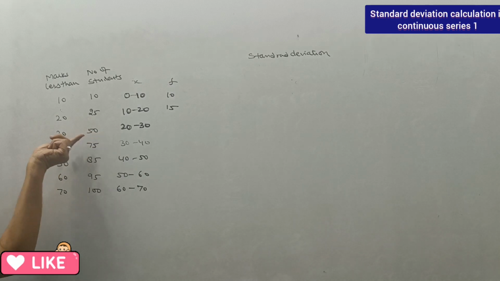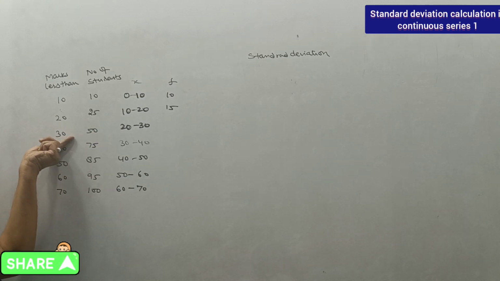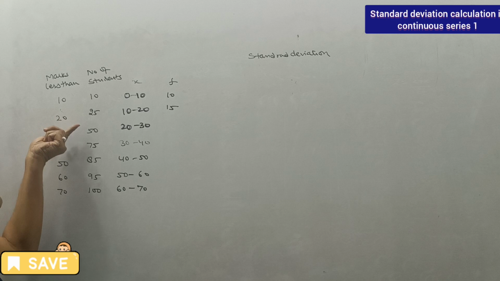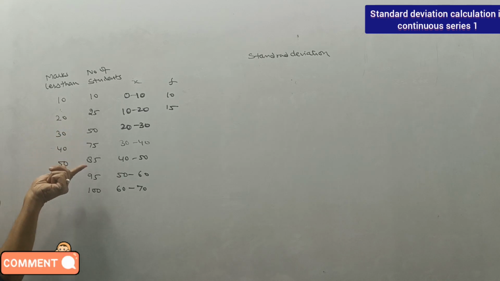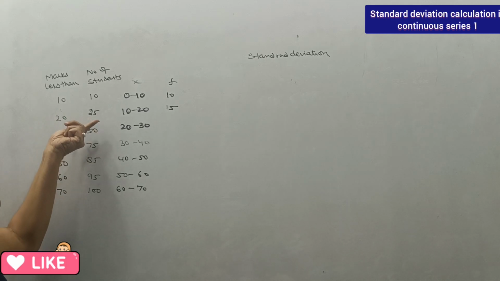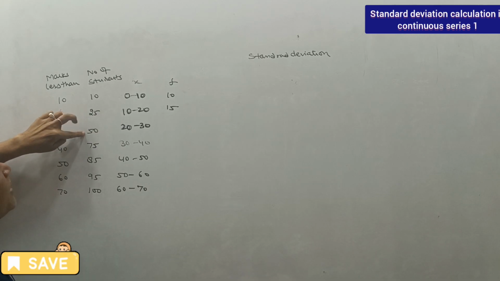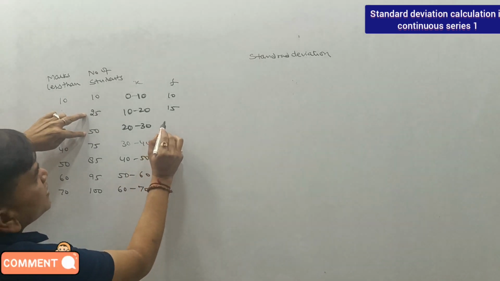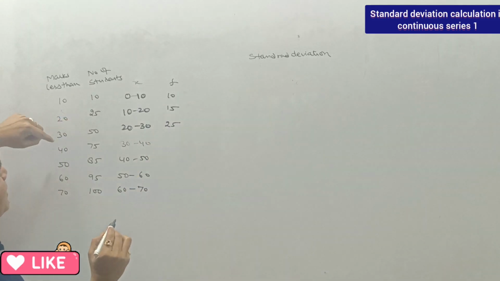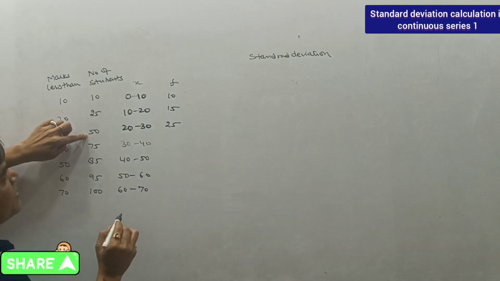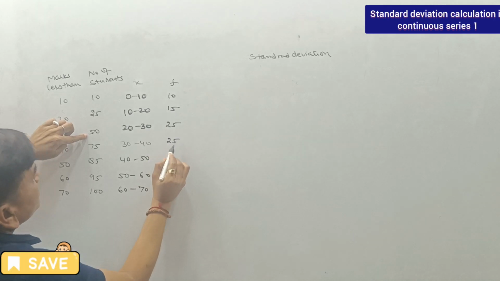50 students scored less than 30 marks, and less than 30 also includes less than 20, so for 20 to 30 we subtract 50 minus 25, that is 25. Similarly, for 30 to 40, 75 minus 50, that is also 25.